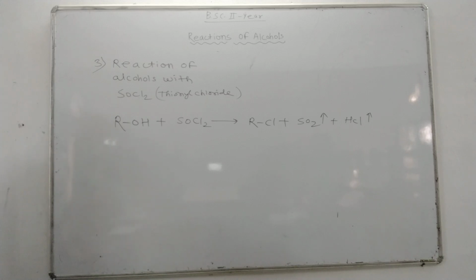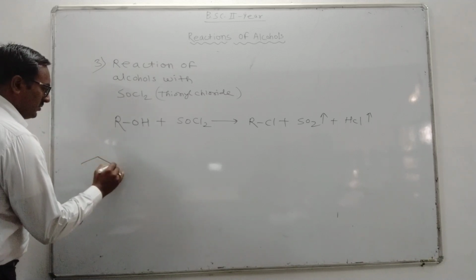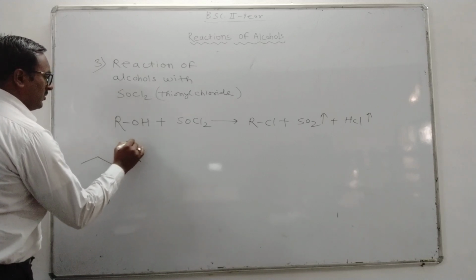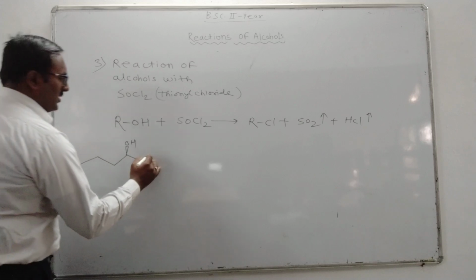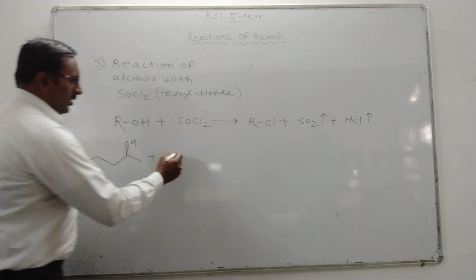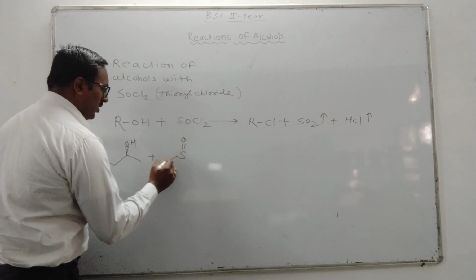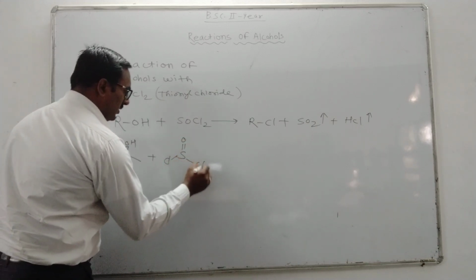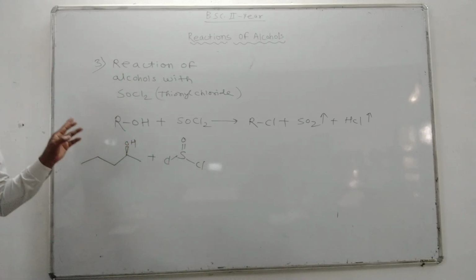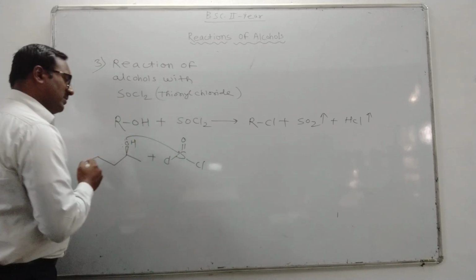Suppose we have alcohol CH3CH2CH2CH3 with OH, plus thionyl chloride: sulfur double bonded with oxygen, then chlorine.